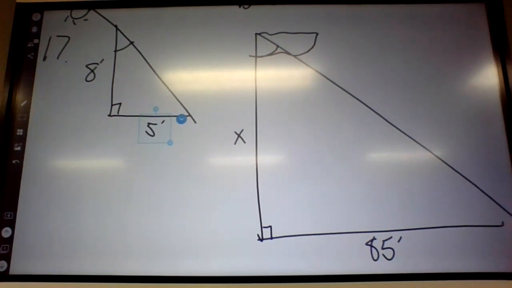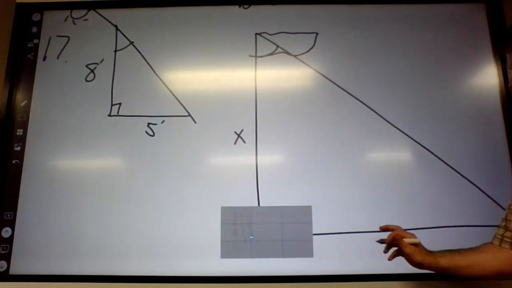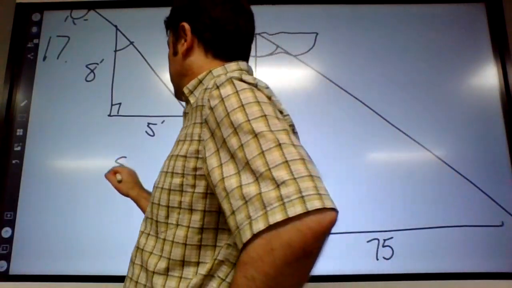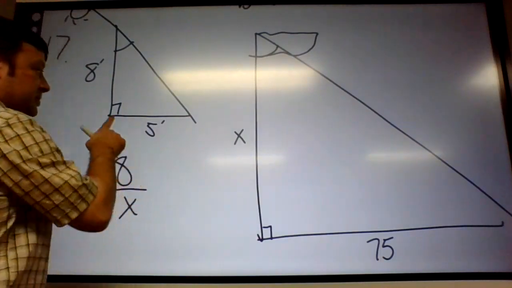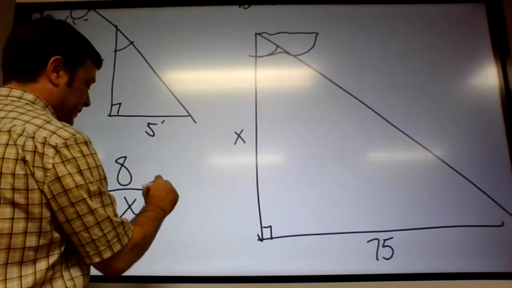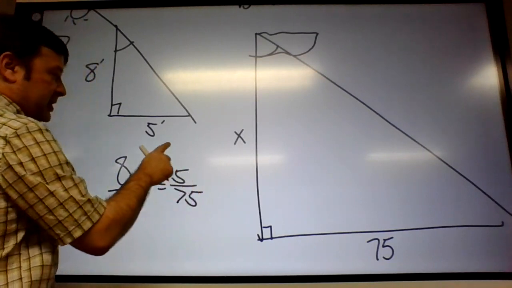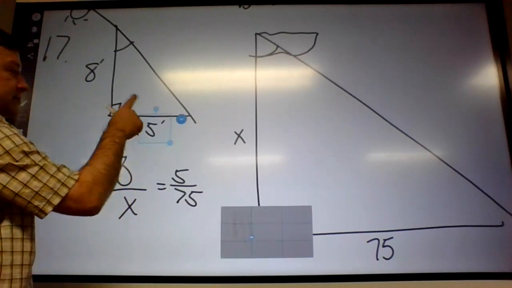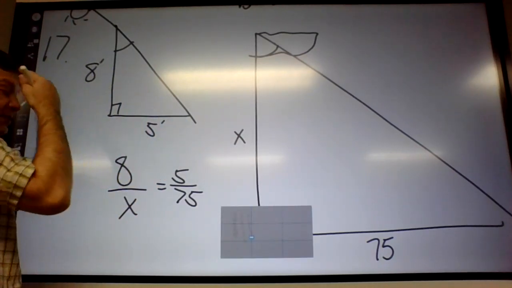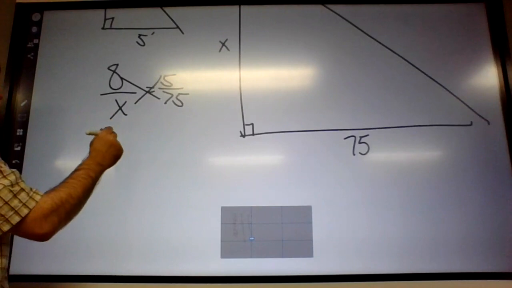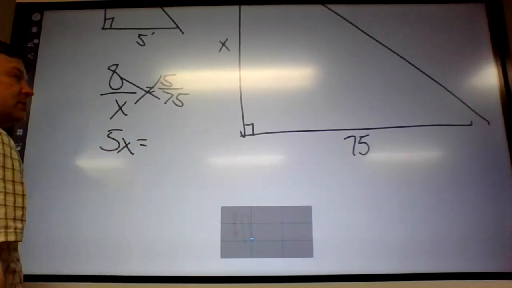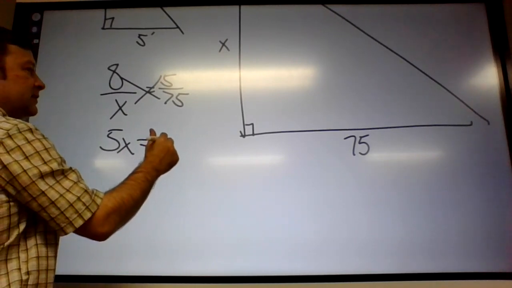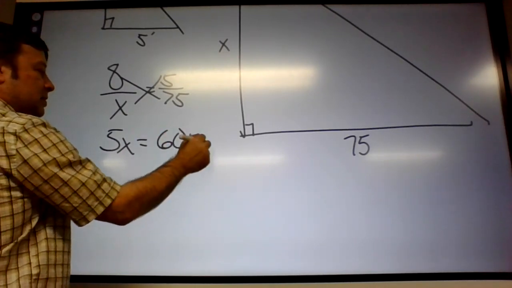It's 75, so it'd be 8 over x equals 5 over 75. Basically, 75 is 15 times bigger than 5, so this pole is going to be 15 times bigger. If we cross multiply, we get 5x equals 600. What do you think, guys?